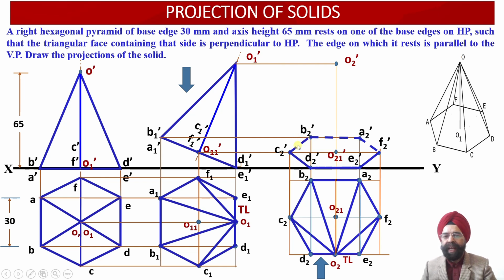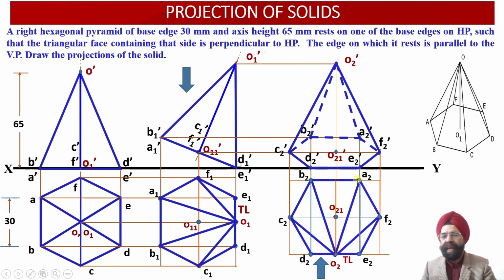Similarly, B2 dash, C2 dash, again it is not falling into the boundary. So again it has to be joined using a hidden line. And similarly A2 dash, F2 dash is also not falling into the boundary. So these three edges of the base we have drawn as dotted lines. Why? You can see the observer is going to look at the solid from this side.